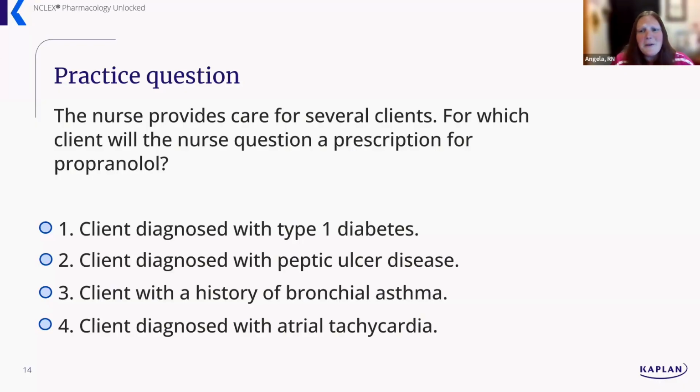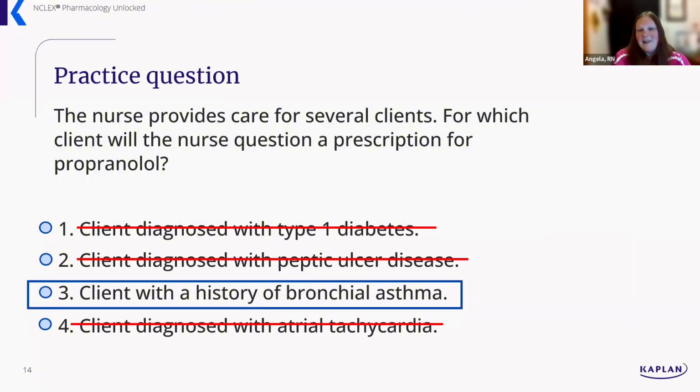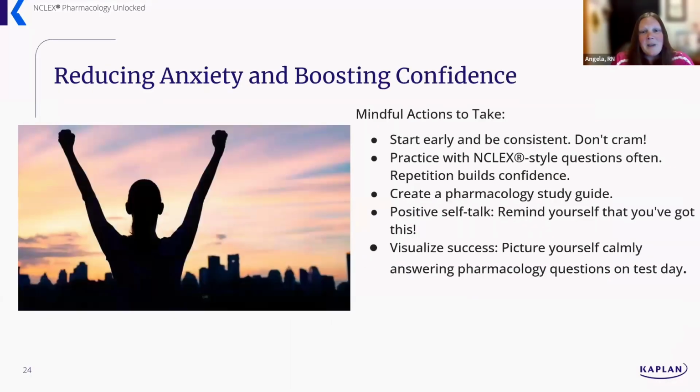But Jared, I love your thinking here. I'm more concerned with an airway problem. So I'm going to teach that type 1 diabetic client about signs and symptoms and what to report and all things like that. But really, I'm more concerned with that airway client. So we're going to say that number 3 is our credited answer.